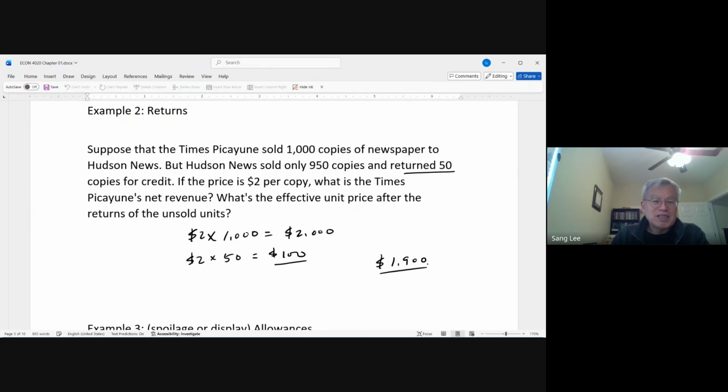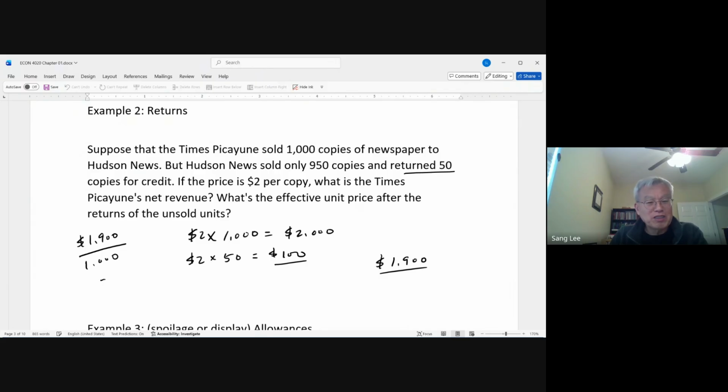Then effectively, it's like you gave the Hudson News 1,000 copies of a newspaper, but you already gave $100 back, so you only keep $1,900.